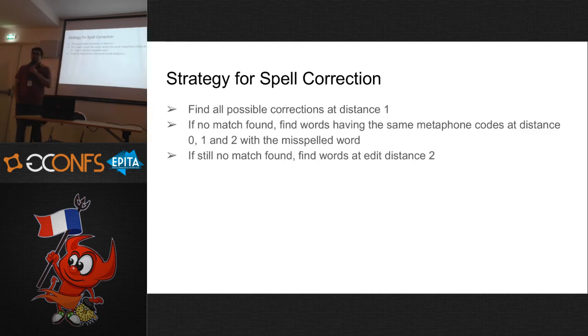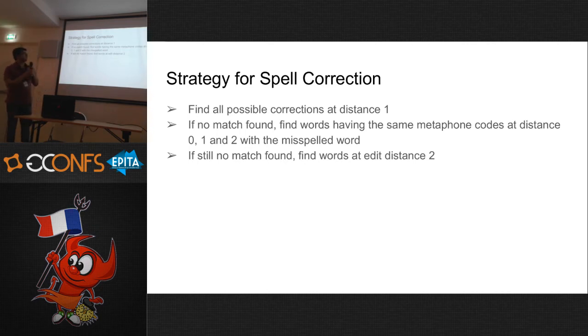Another possibility is to go to edit distance 2. But because the number of words at edit distance 2 is much higher, the number of comparisons you have to make in the dictionary is also much higher, so it becomes slower.